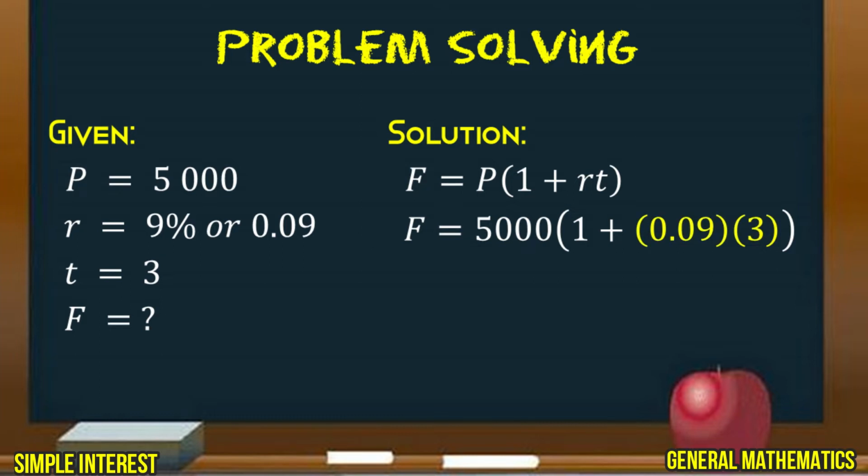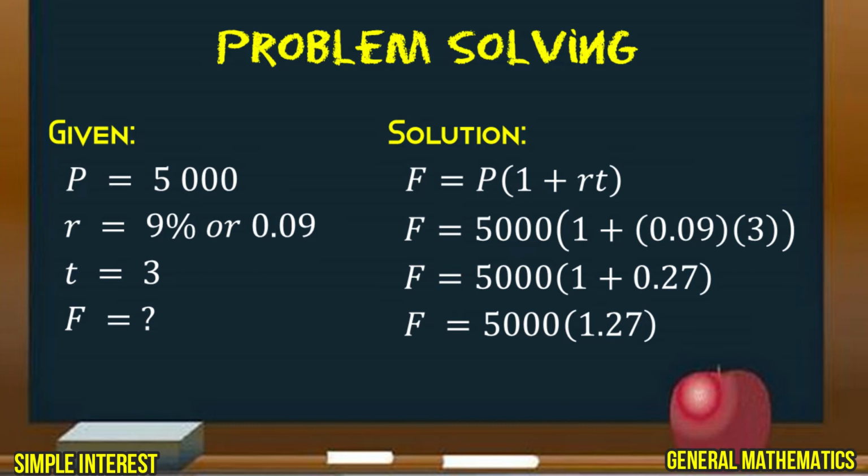So we have F is equal to 5,000 times the quantity 1 plus 0.27. Second, add 1 and 0.27. That will give us F is equal to 5,000 times 1.27. And lastly, multiply 5,000 and 1.27. Thus, the future value or maturity value is 6,350 pesos.